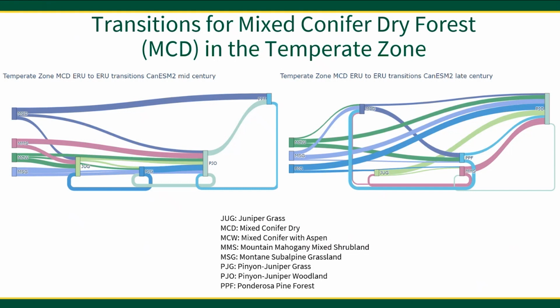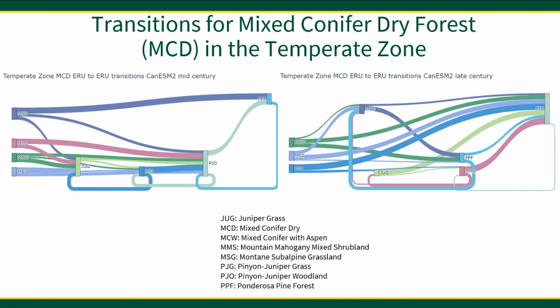There's commercial interest in that ERU. I understand that it's difficult to manage, so there's interest in that particular vegetation type. So what we're seeing here is just for one GCM driver, CAN-ESM2, and we're looking at transitions up to mid-century and then transitions to late century.